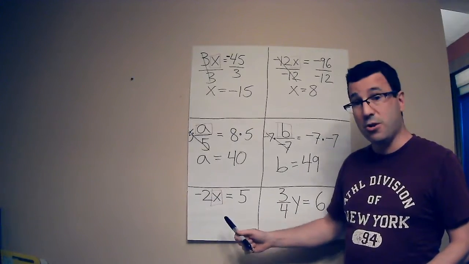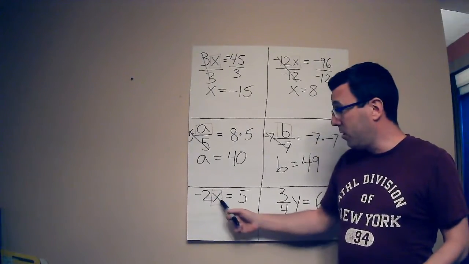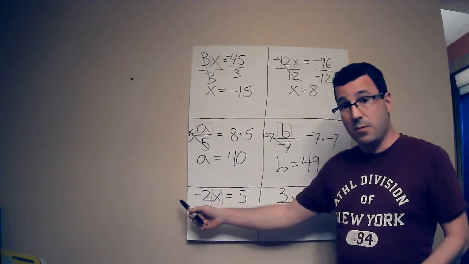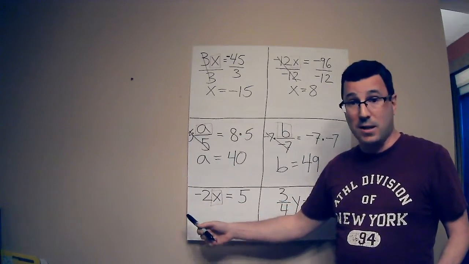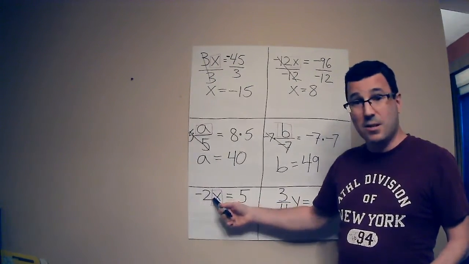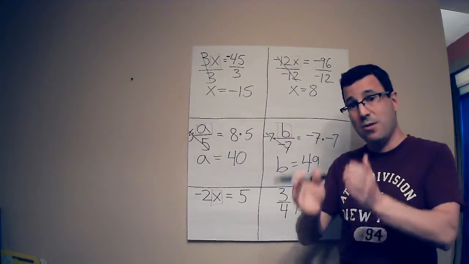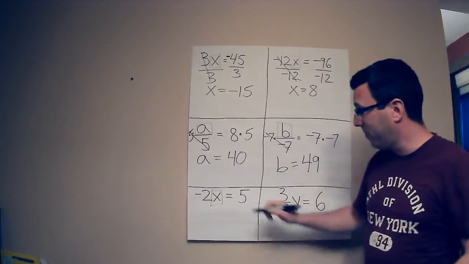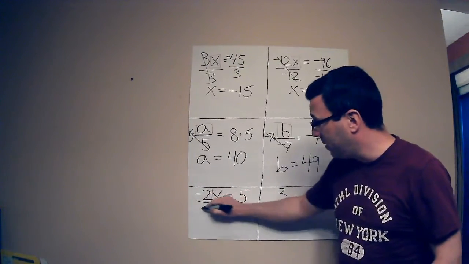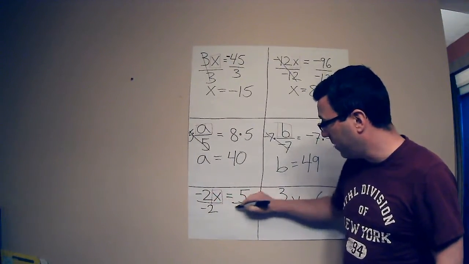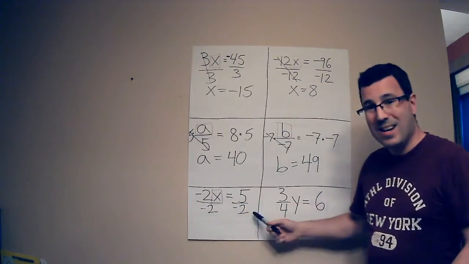It's multiplication. How do I know? Because the variable is not in front of the negative sign, making that a minus sign. It's next to the number. When I have those two, the number and the variable right next to each other, that's multiplication. So I'm going to divide by negative 2. And when I do that, the other side is 5.